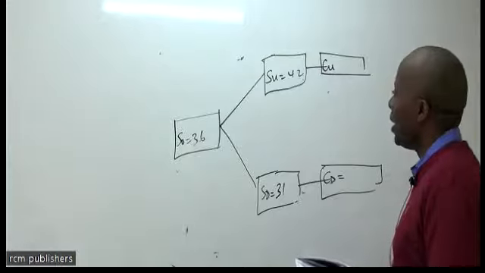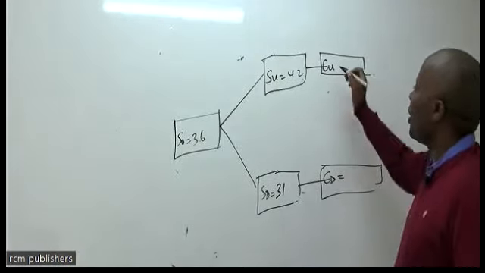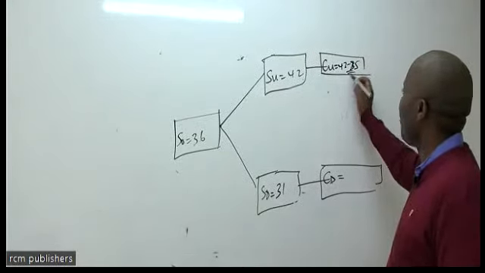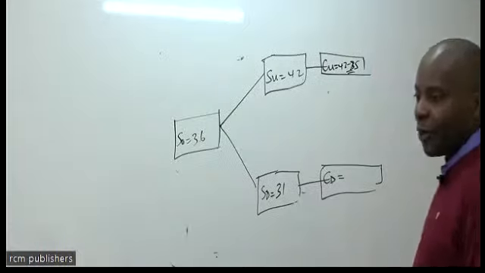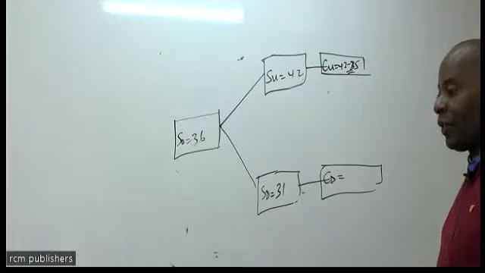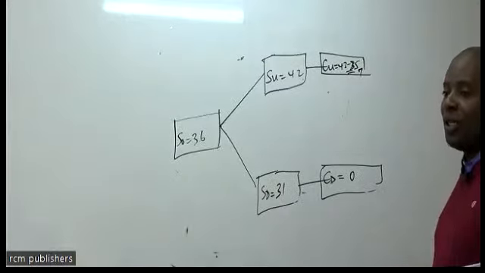Of course, here I need the strike price. The strike price is 35. So this will be 42 minus 35, which gives me how much? 7. Thank you so much. The other one will be 0.